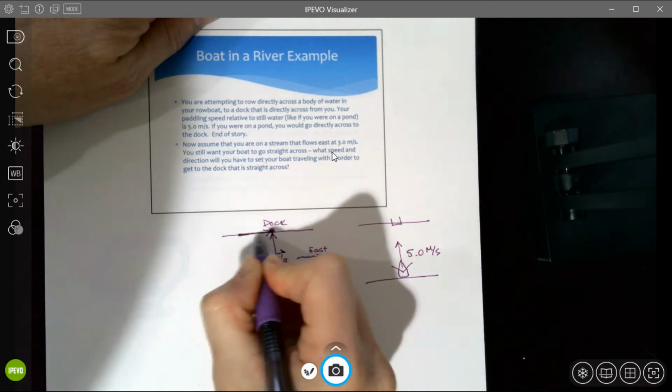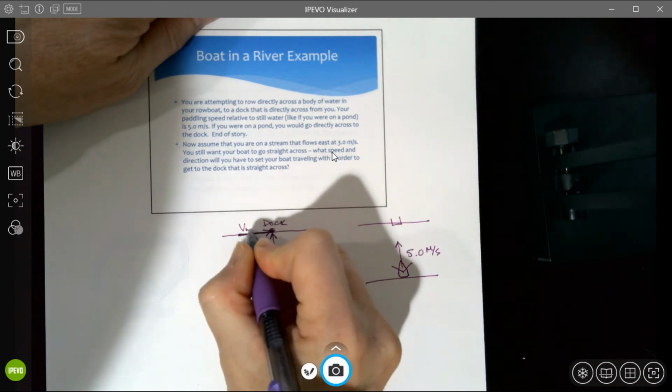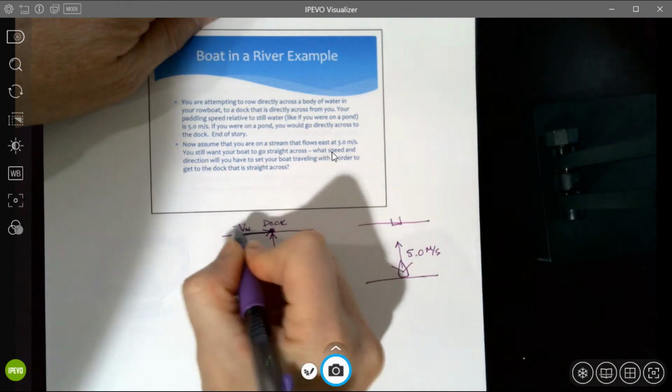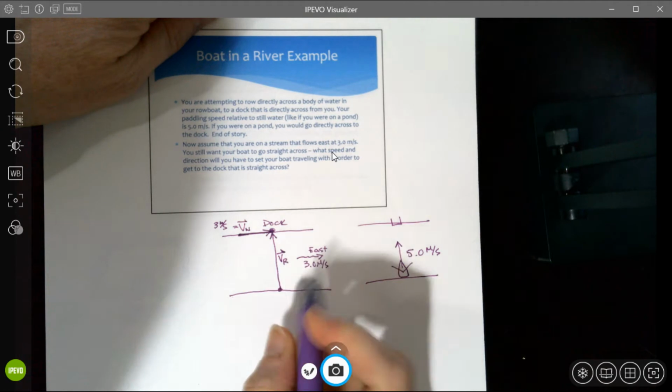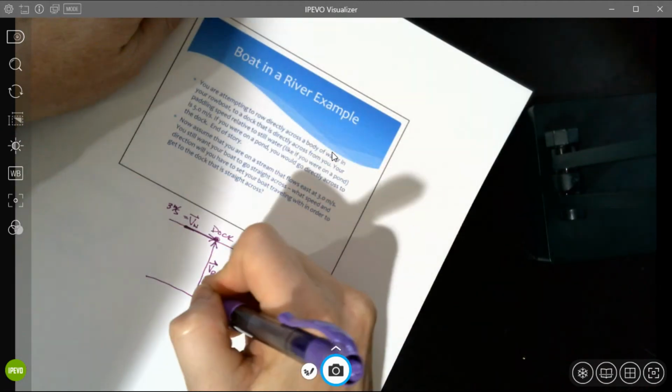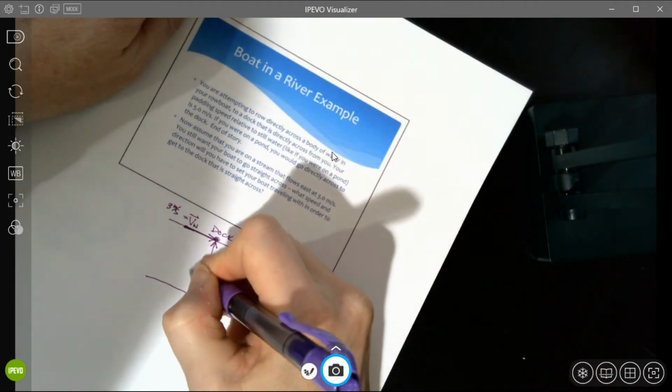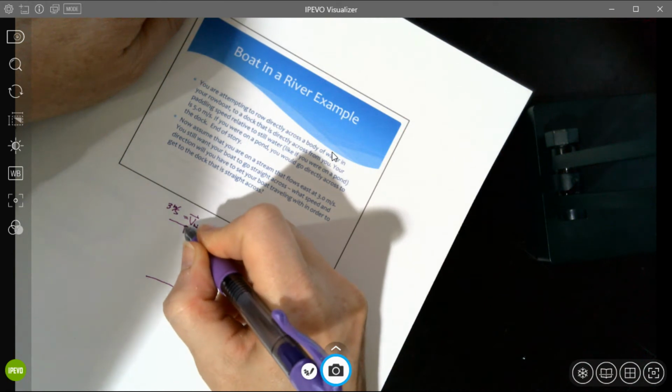Here's the velocity of the water, which is 3 meters per second. Because I know I'm going to have to head upstream at some angle to make it work.